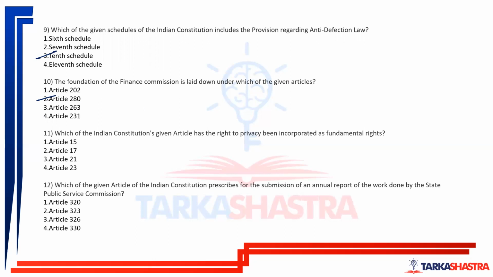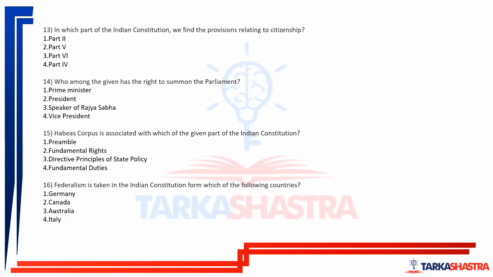So आर्टिकल 21 में राइट टू प्राइवेसी ये इनकॉर्पोरेट किया फंडामेंटल राइट्स। ठीक है, which of the given article of the Indian Constitution prescribes the submission of annual report of the work done by the State Public Service Commission? So State Public Service Commission ये सबमिशन ऑफ एनुअल रिपोर्ट करती है, and it is given in Article 323 कि ये उनको करना पड़ेगा। In which part of the Indian Constitution we find the provisions related to citizenship?